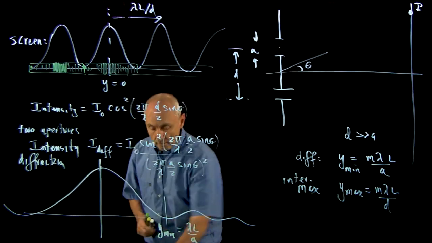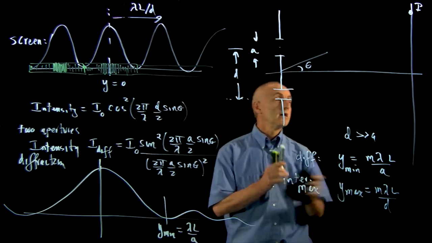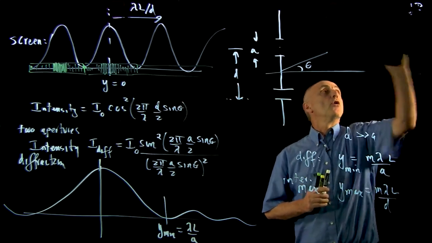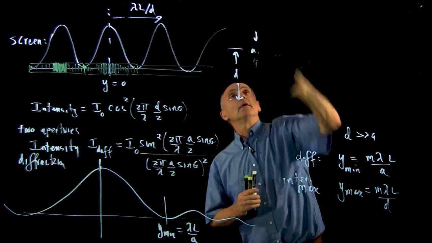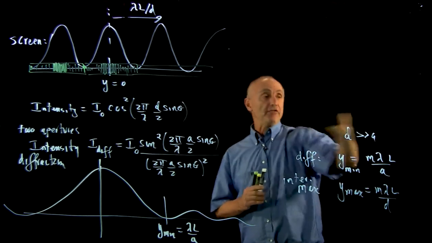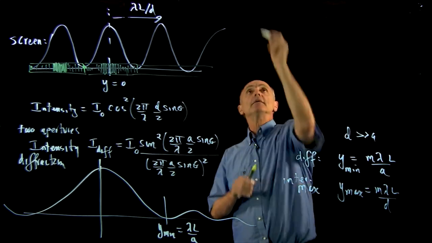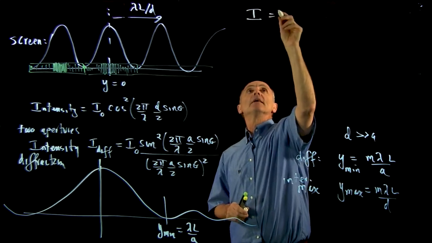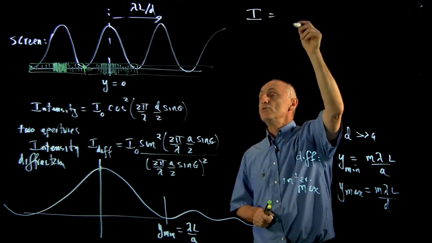And so what we actually see on our screen when we're combining diffraction and interference is the idea that the intensity is the product of these two.